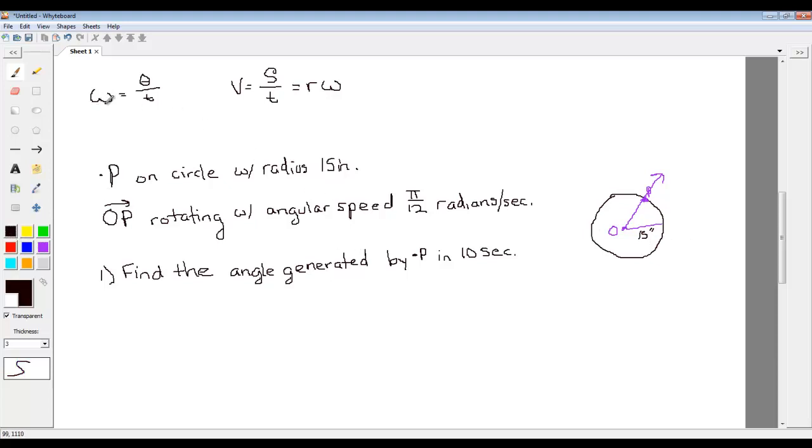Well, angular speed is the angle over time. They tell us the angular speed is pi over 12 radians per second, and we're trying to figure out the angle theta generated by P in 10 seconds.